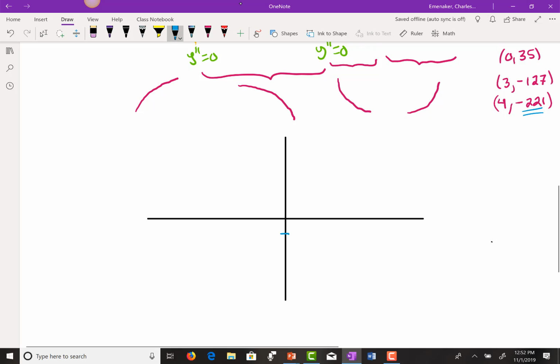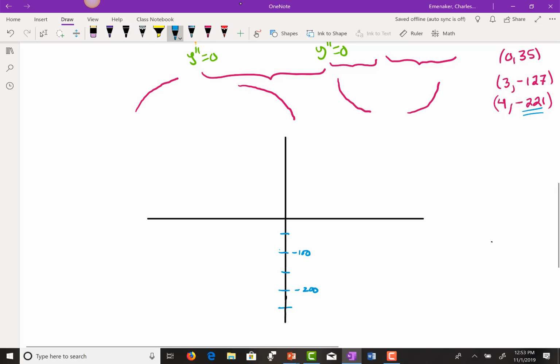So here's a negative 50. Here's a negative 100. Negative 150. There's negative 200. And there's a negative 250. It just about fits. Not quite, but close. I'll extend that.